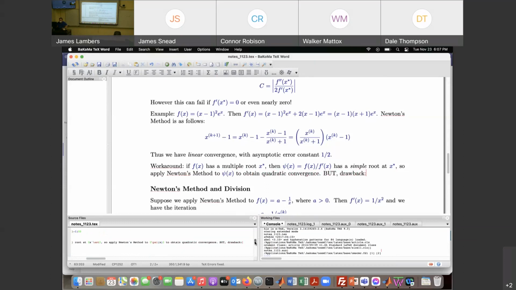Can anyone tell me, if I were to plug this function, keeping in mind how it's defined, into Newton's method, can anyone think of a drawback to this approach, even though I would recover superior convergence? What additional disadvantage would this introduce? Anyone think what that might be?